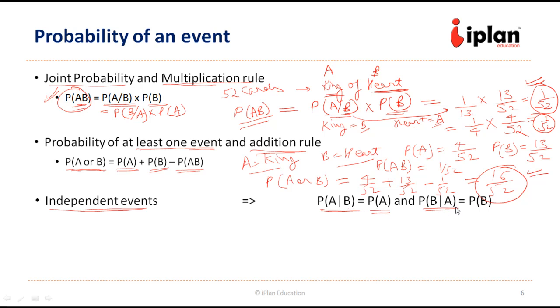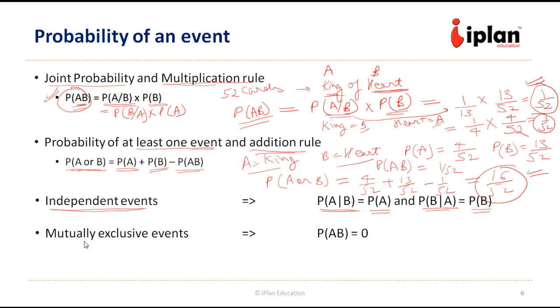Similarly, the probability of B given A is the same as the probability of B. So in this case, A and B are independent events. For example, if we are tossing a coin 3 times consecutively, every time the possibility of head or tail is going to be independent from other tosses. So these are independent events.